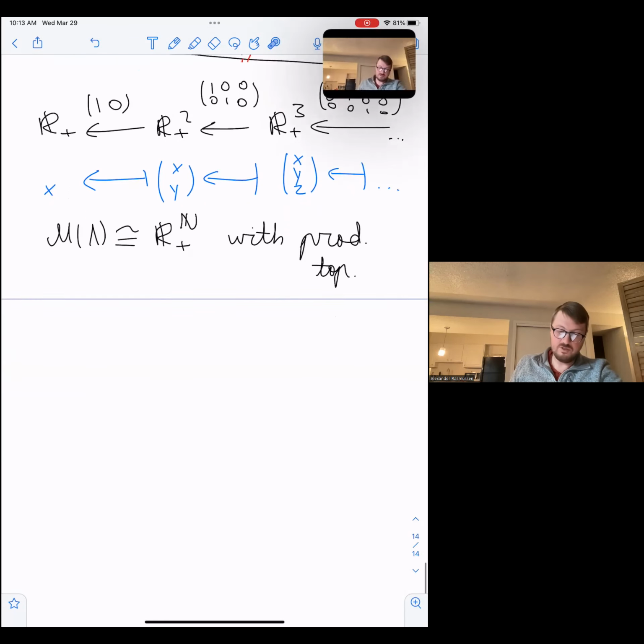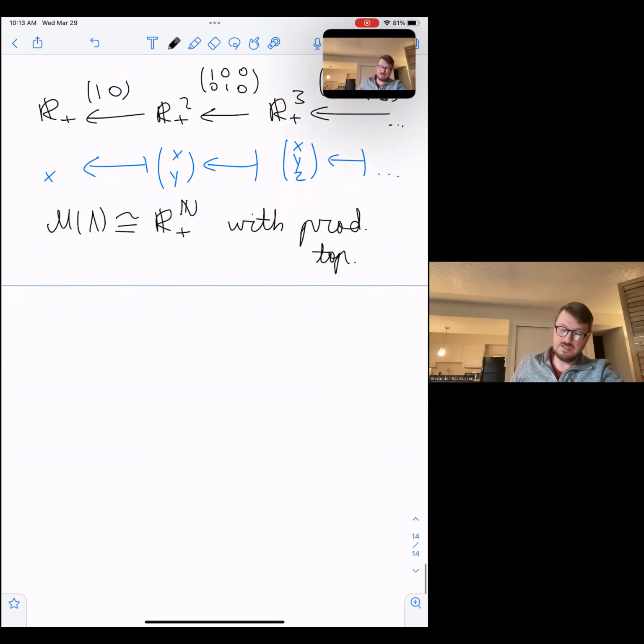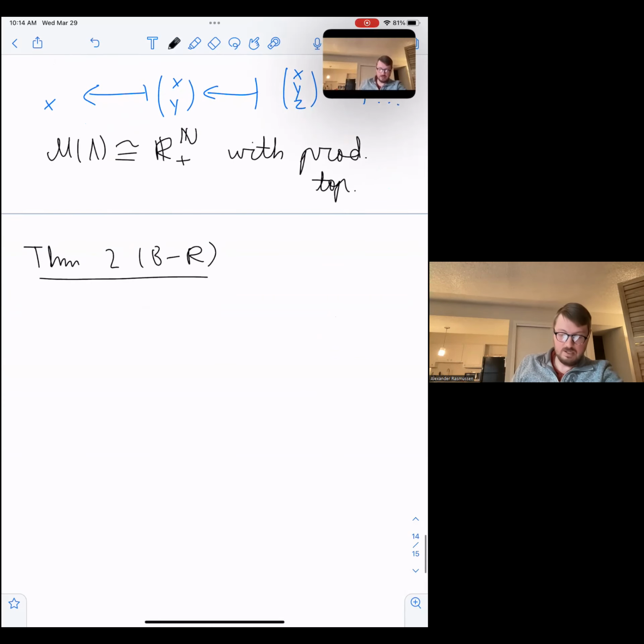Okay, so for the remaining part of the talk, I want to focus on some exotic behaviors of laminations on infinite type surfaces. So first, we have the following exotic property, which follows from this description that I gave.